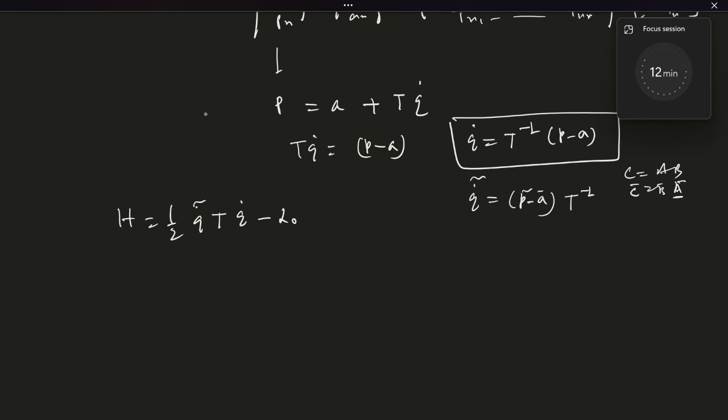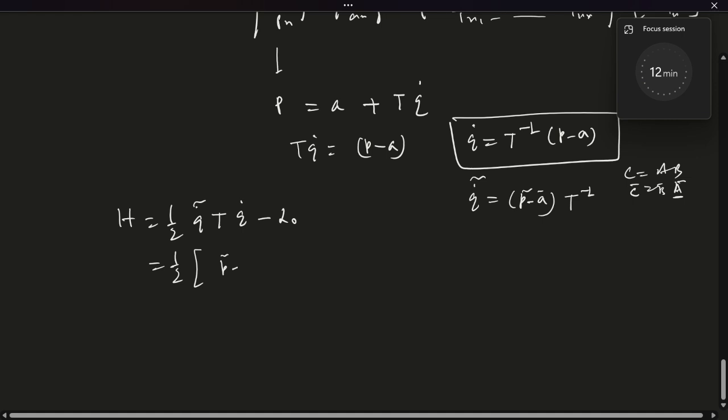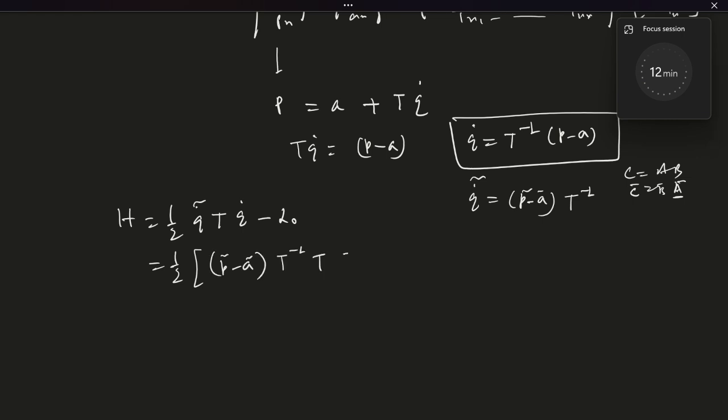Just put down this value: half times p tilde minus a tilde, T inverse, T, T inverse, p minus a, minus L0.